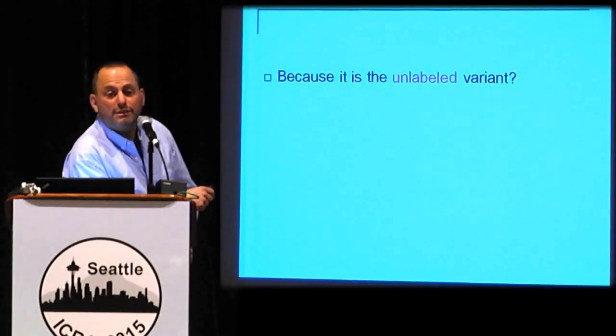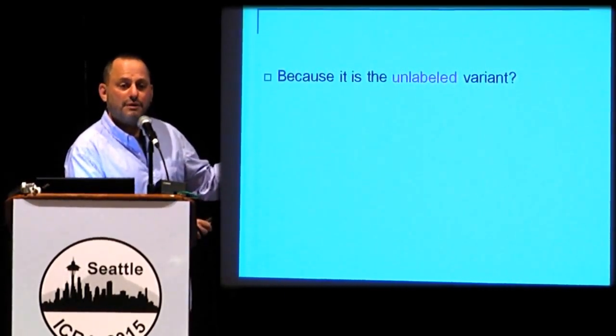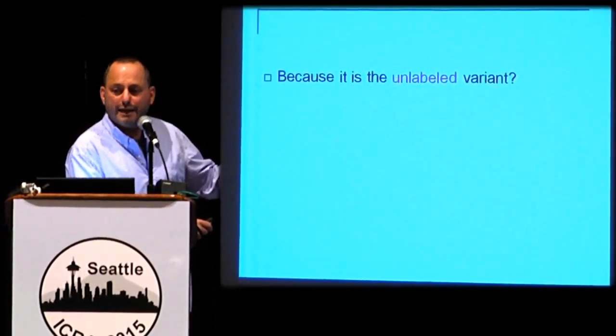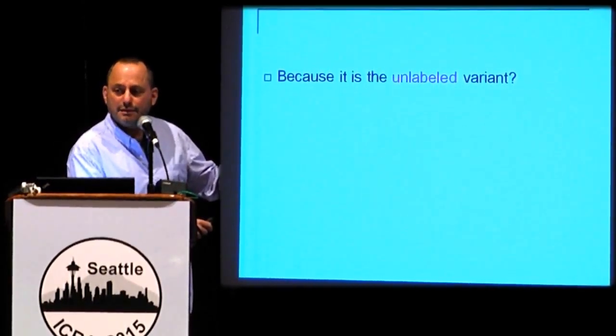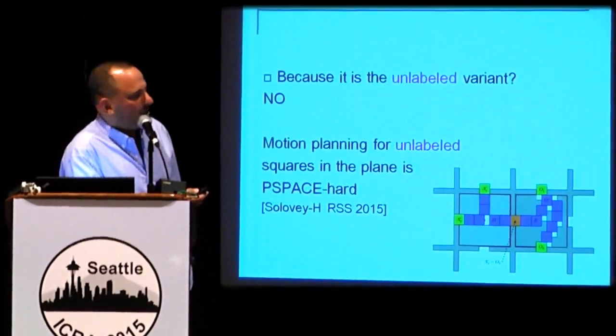The proof actually relies on the fact that they have different radii. So perhaps this is because it is the unlabeled variant. I can tell you for a long time, this was my prime suspect, that unlabeled motion planning is easier than labeled motion planning. Well, this is not the case.